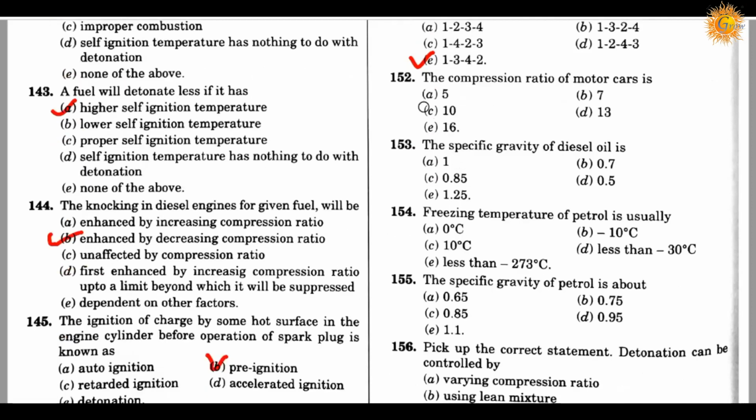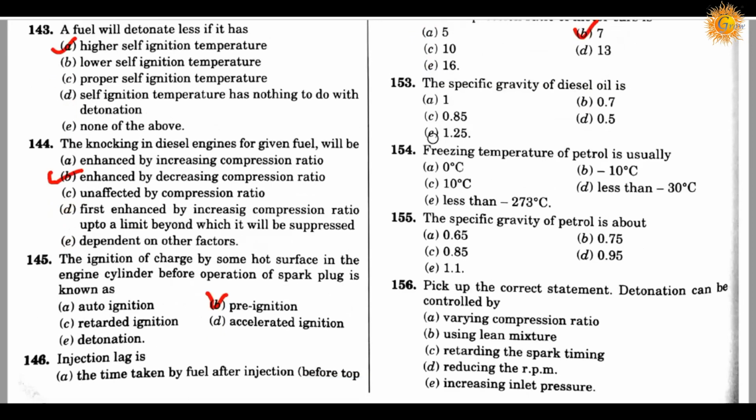Question number 152. The compression ratio of a motor car is option A 5, option B 7, option C 10, option D 13, option E 16. So the correct answer is B, 7. Compression ratio of motor car is 7.